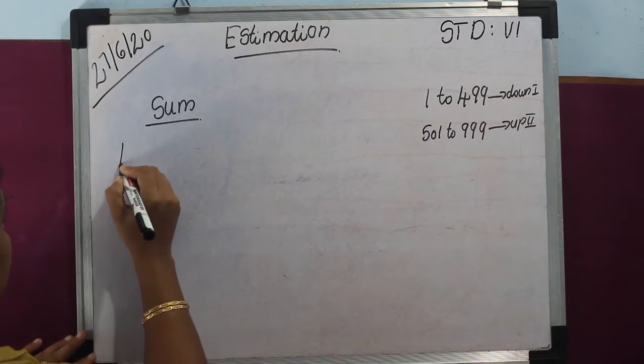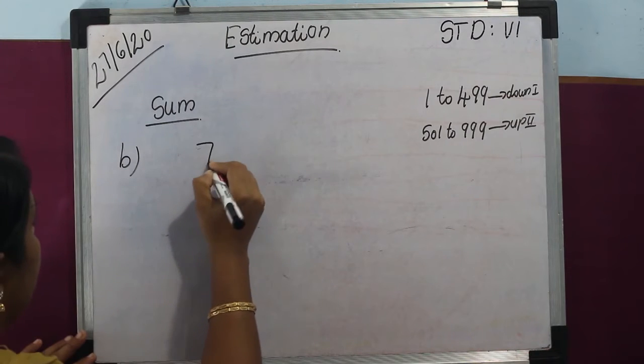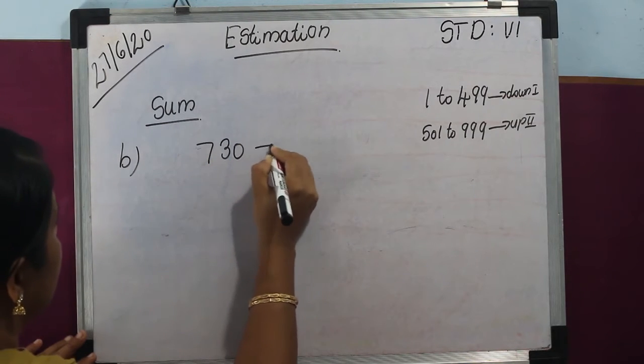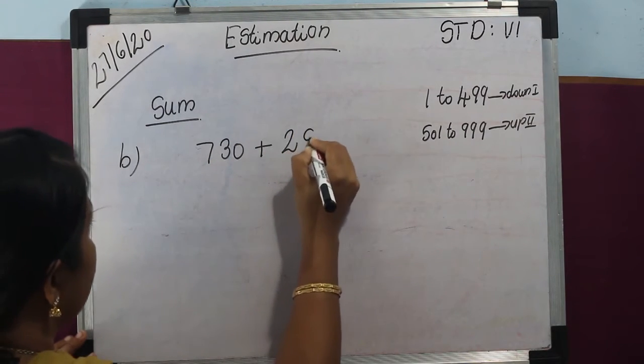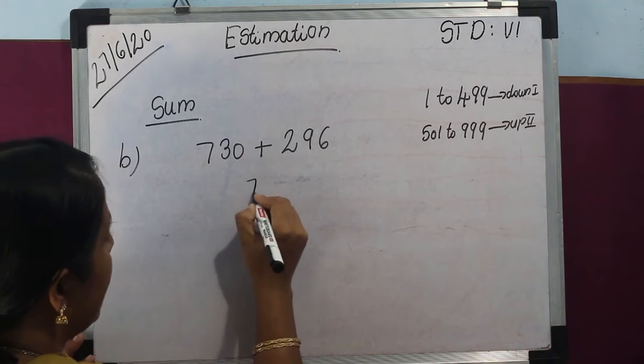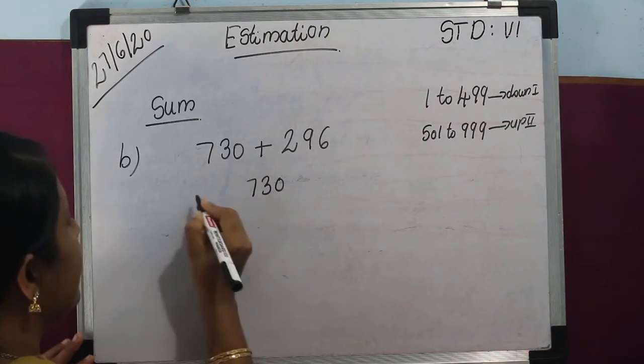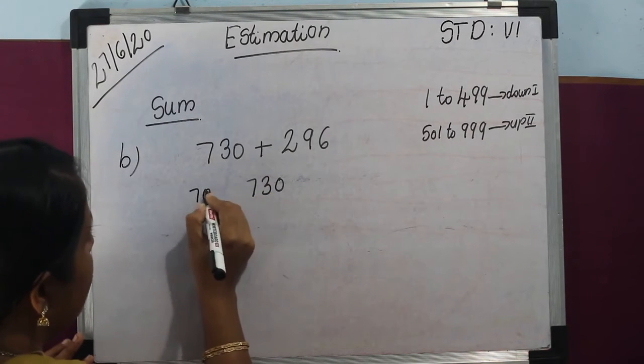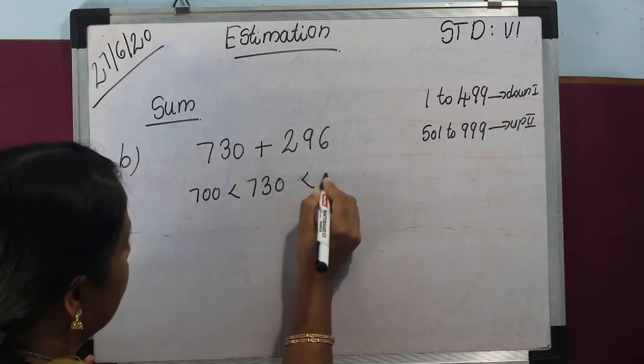Second example, 730 plus 296. Both the numbers are rounded to the nearest 100. First we write the number 730. We know that 730 lies between 700 and 800.